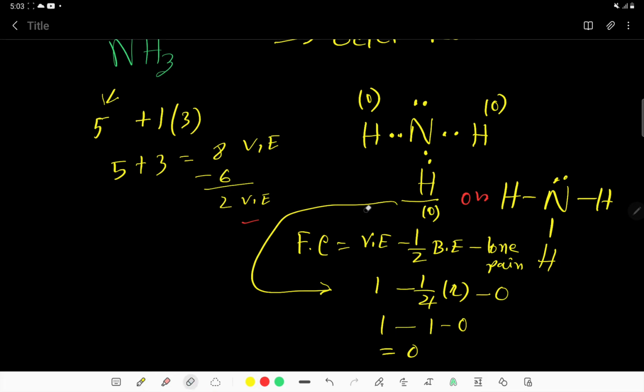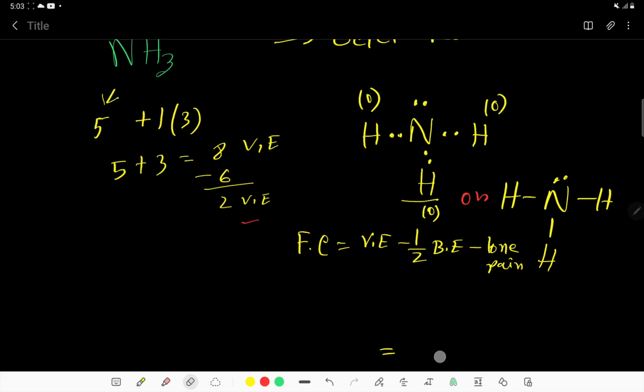Now find out the formal charge of nitrogen. In a neutral nitrogen atom we have 5 valence electrons, then half of bonding. Here we have bonding electrons 2, 4, 6, so half is 3, minus lone pair electrons. We have 2 lone pair electrons over nitrogen.